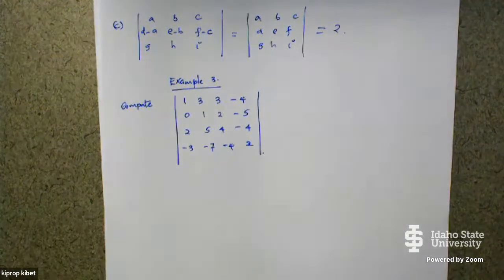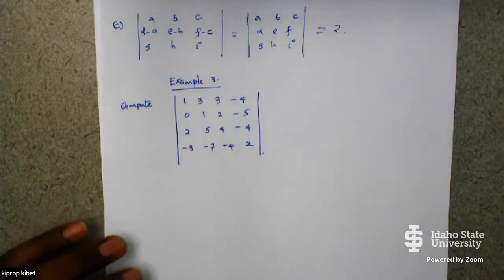Compute that. In this case, we want to row reduce. To make it easier, we can row reduce this into a triangular matrix, an upper triangular matrix.